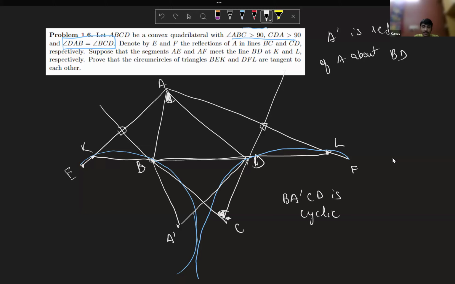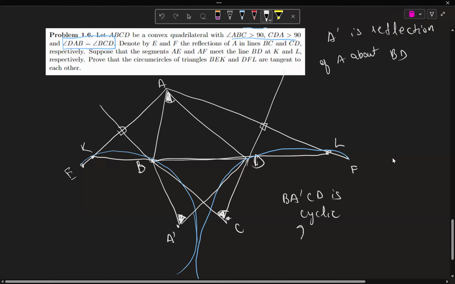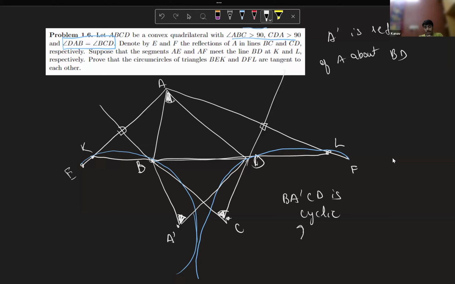Just because it's a reflection, we get these angles are equal, hence we get the cyclicity. Any questions? Is this fine? Yeah, great, great.